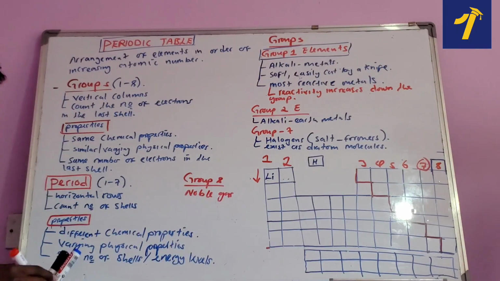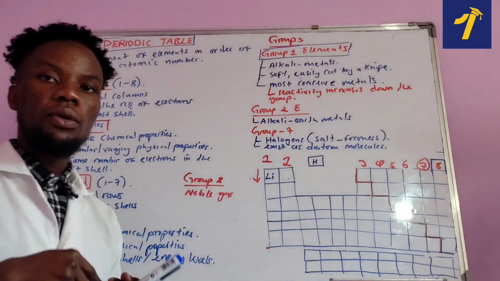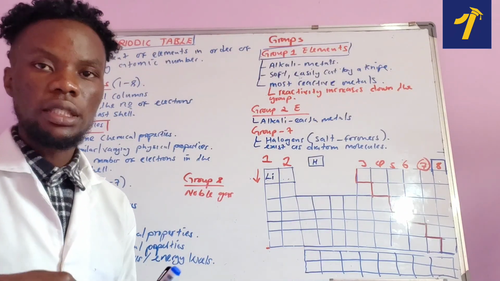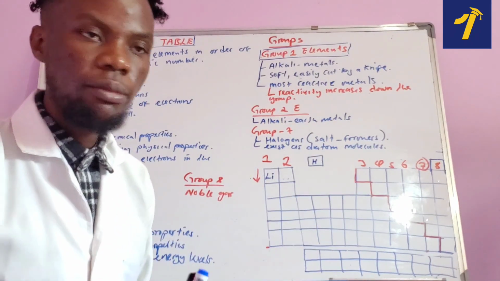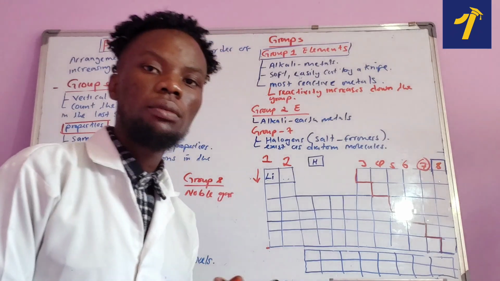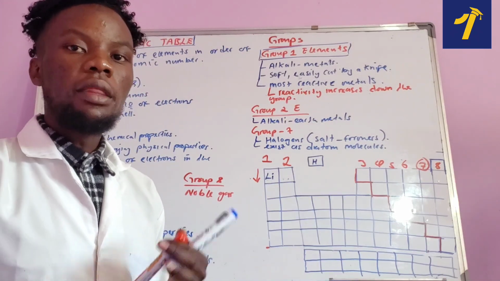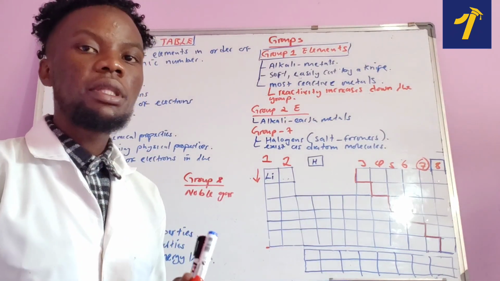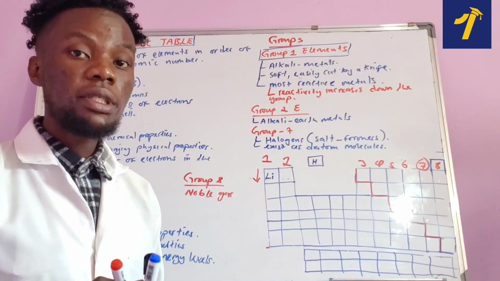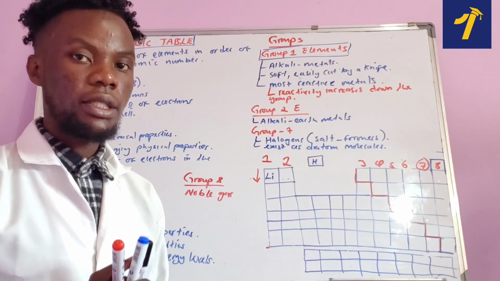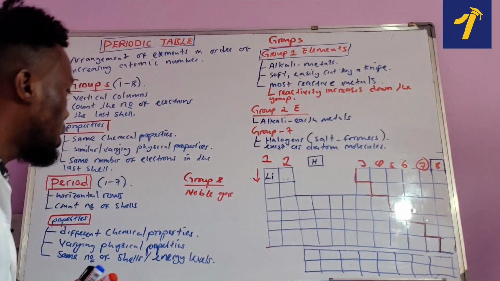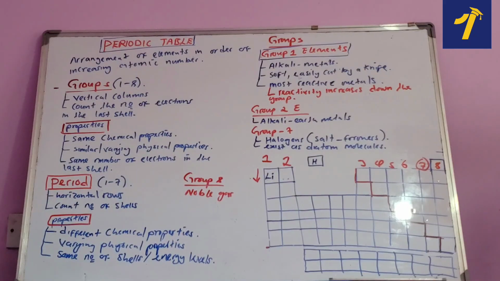The reason they are called noble gases or inert gases is that they are unreactive. If you get a group 8 element, like neon, it can't react with any other atom, because they don't react. That's why they are called inert gases or noble gases.